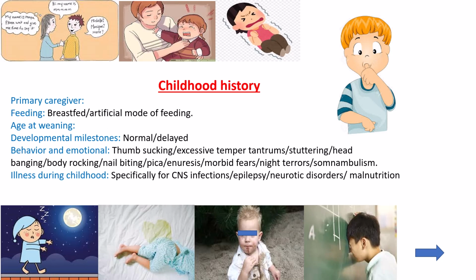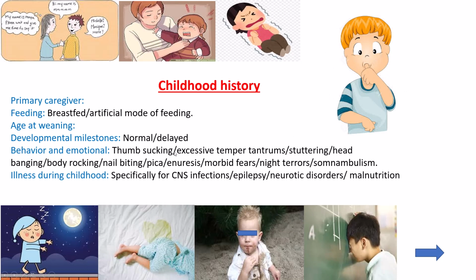Then behavior and emotional: thumb sucking. Here you see thumb sucking. If a child is excessively thumb sucking even after becoming a toddler, then it may show a cause of mental illness. Not all children, sometimes it may show.